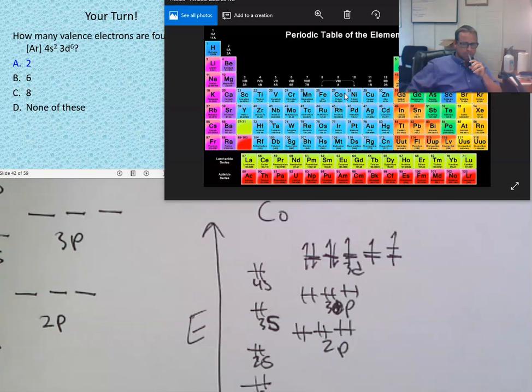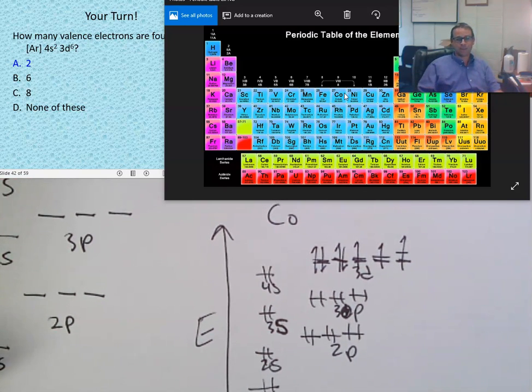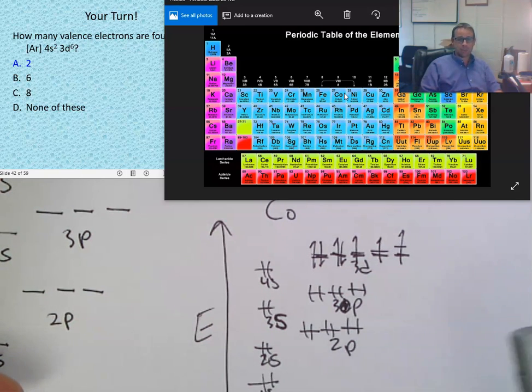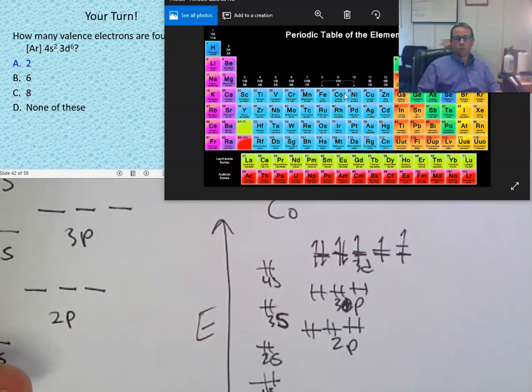Is it the valence electrons? No. Unpaired electrons are related to a property we said was magnetism, right? Or what we call magnetic susceptibility. So the more the unpaired electrons exist, the more magnetic susceptibility, or the more magnetic a material would be. Okay?